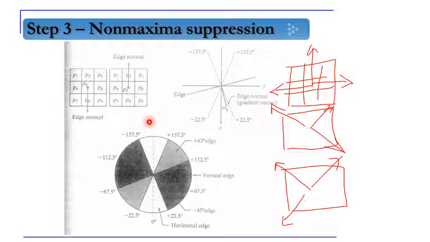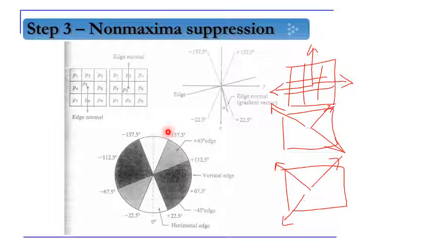So if my angle alpha xy is given in this direction in this diagram, and if my alpha xy is between minus 157.5 and plus 157.5, or the value of alpha is between minus 22.5 and plus 22.5, then in this region, if my alpha lies, this represents the horizontal edge.